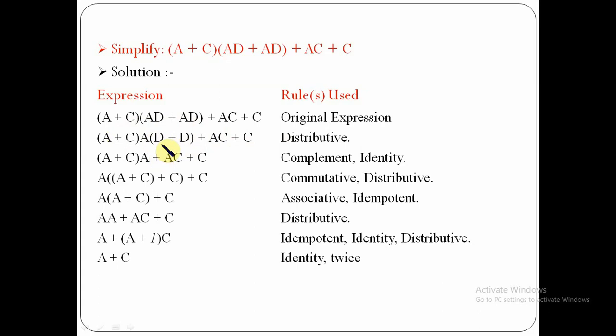And then the complement and identity laws, which we already saw previously. Here A plus C, and here A remains with D plus D, which is a repeated term, so we get the reduced term. Now AC plus C is given, with the bracket multiplied by A. Hence we take the common A term from A plus C, using the commutative and distributive law.